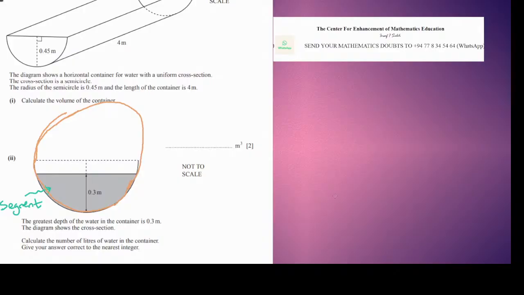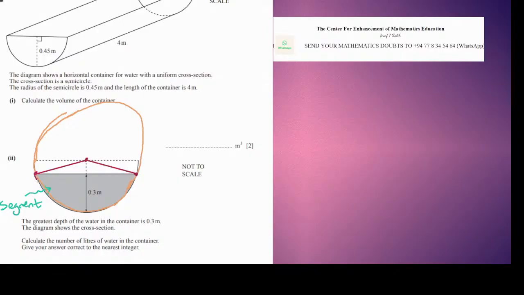All right. And how do we find the area of a segment? The first thing we got to do is find the area of the sector. So let's form a sector this way. All right. So what's my plan?